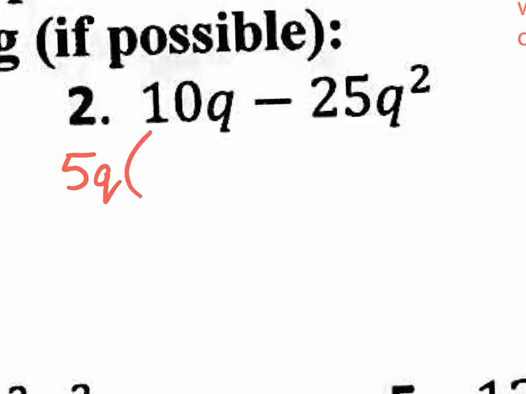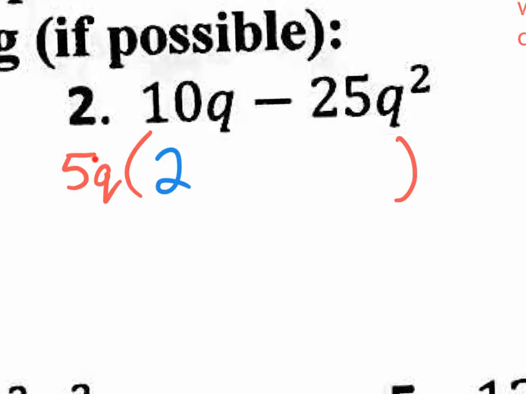Okay, then write your parentheses and let's figure out what's left over on the inside. So 5Q times what will get us this first term 10Q? Yes. Just 2. No Q because that would give you a Q squared. So yeah, 5Q times 2 will get you that 10Q.